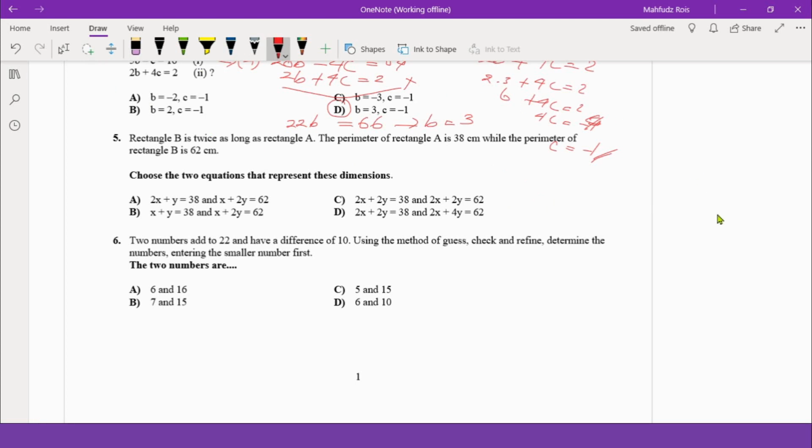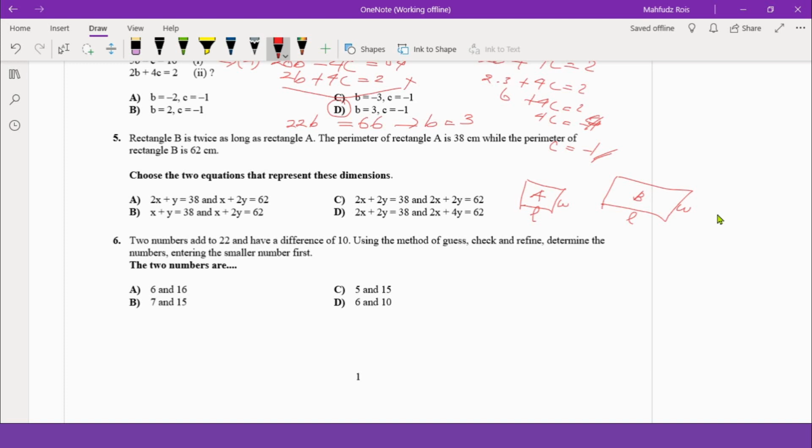Okay, so rectangle A and B, like this. So here, because the length is twice, this is the length twice, and this is the width the same. So the width of both rectangles is the same, only the length is twice for B.